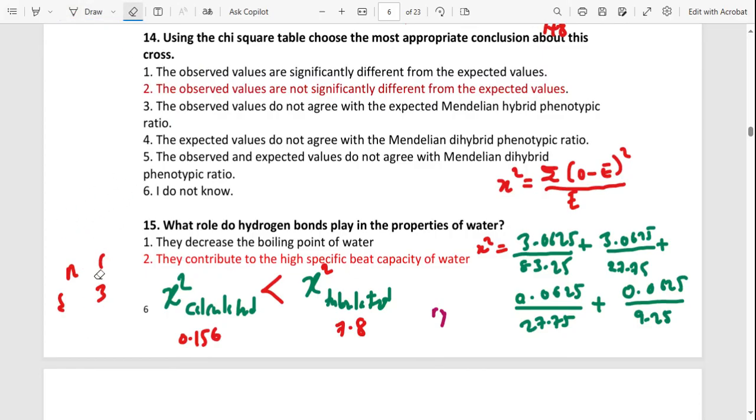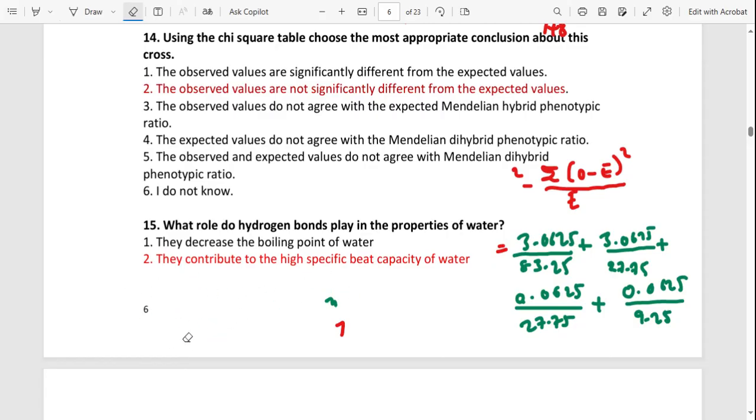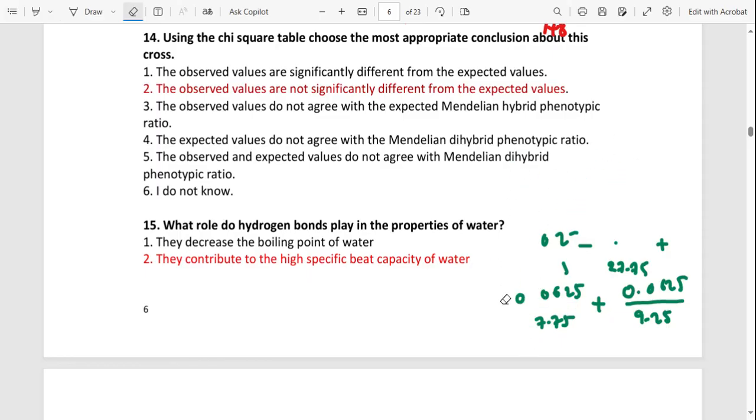In other words, the reason why we didn't get the actual expected values would be maybe because of some normal, expected errors. So option 2 there: the observed values are not significantly different from the expected values.